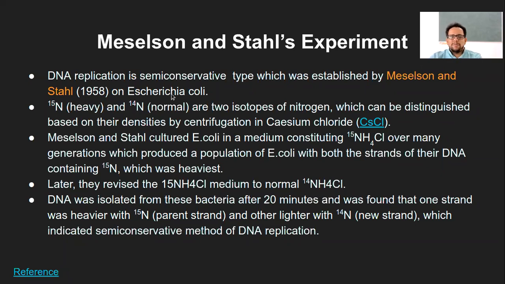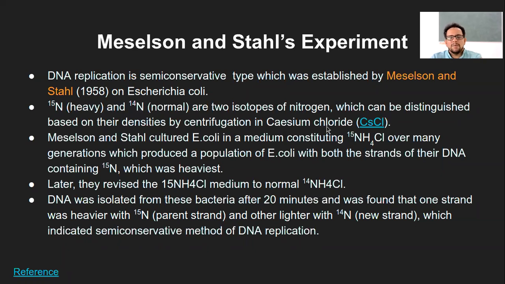They studied the bacterium Escherichia coli. They had the N15 isotope of nitrogen and the normal N14 isotope, and these can be distinguished based on their densities by centrifugation in cesium chloride.